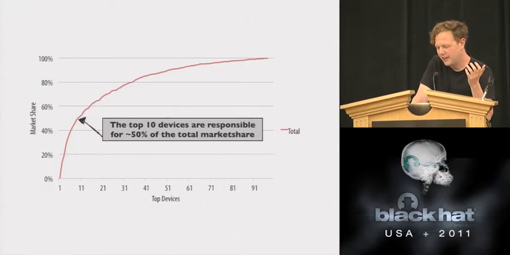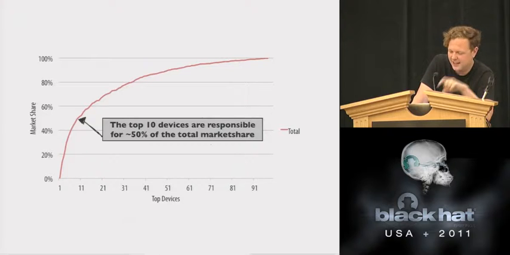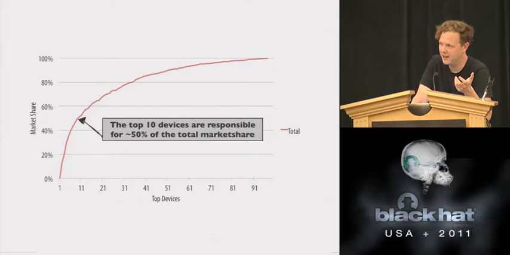So we're basically going to look at a plot of the total market share in our data set. We'll call that market share that a device has. And so we can see in this case, looking at this curve, the top 10 devices are responsible for 50% of the total market share.